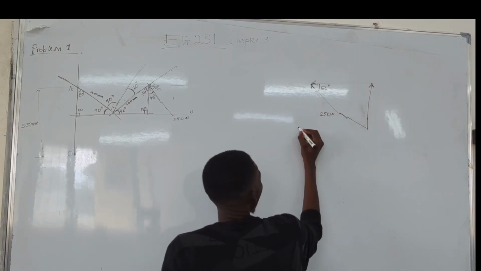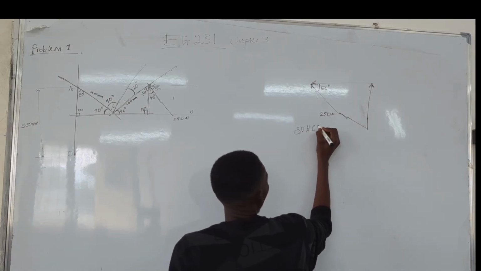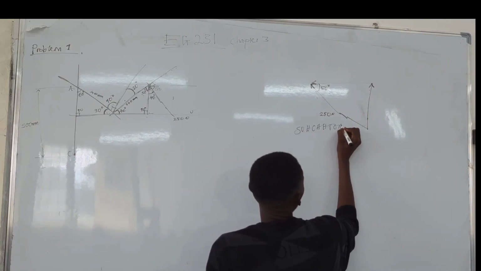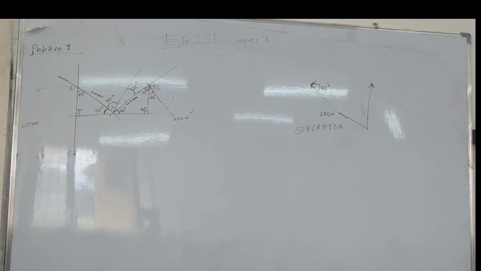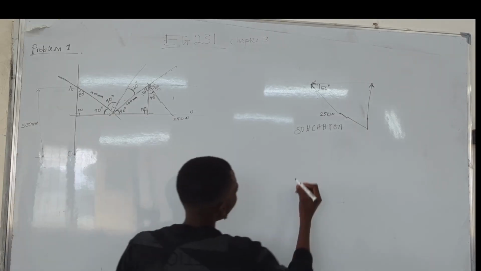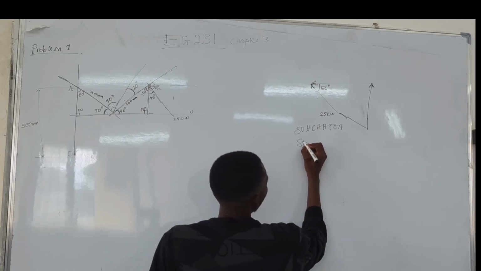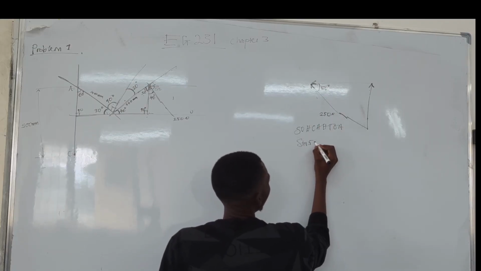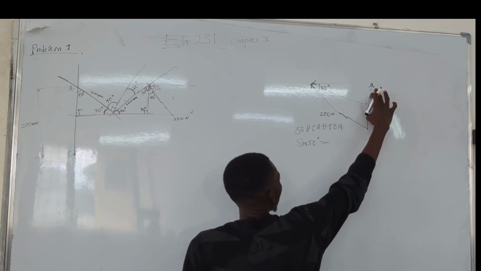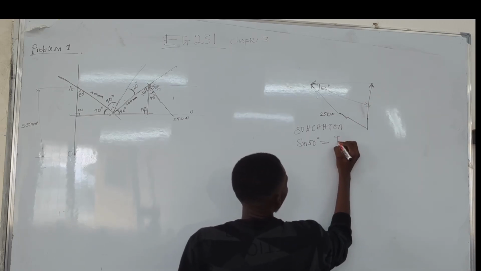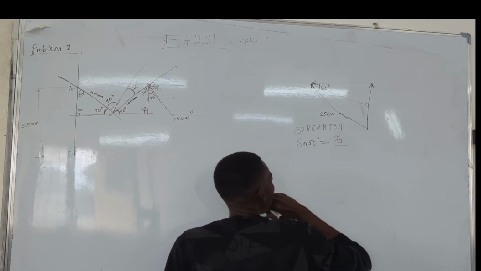in the x, we are going to apply what we call SOHCAHTOA. Okay? Therefore, sine 50 degrees is equal to opposite. Opposite is the force in the y, okay? The component of the force in the y over hypotenuse.